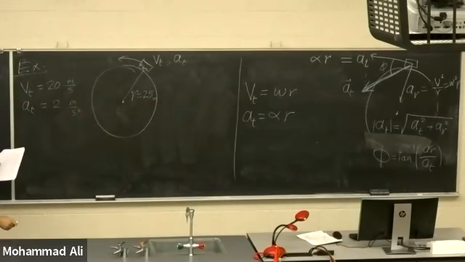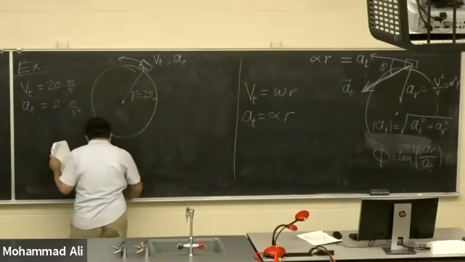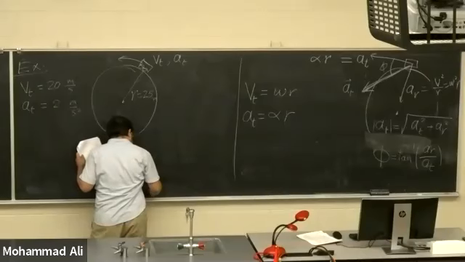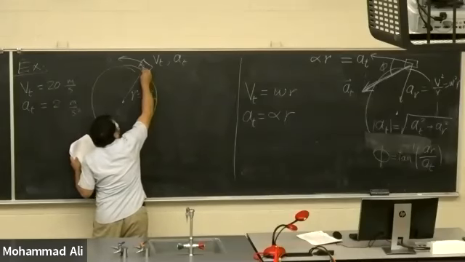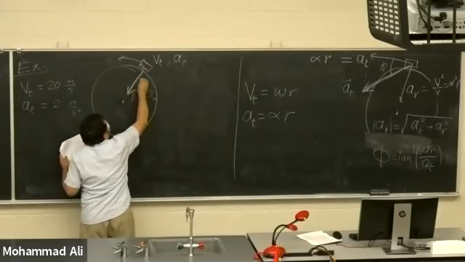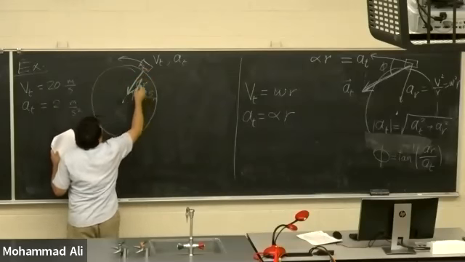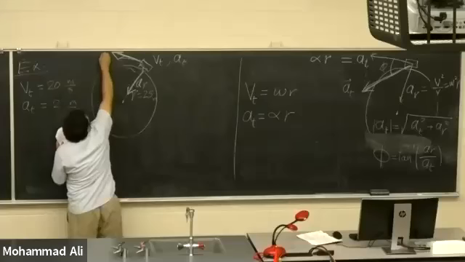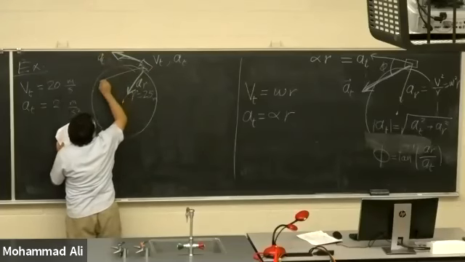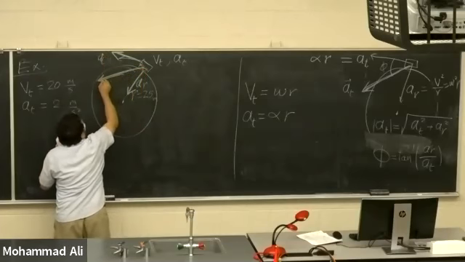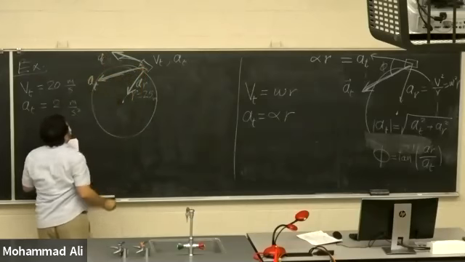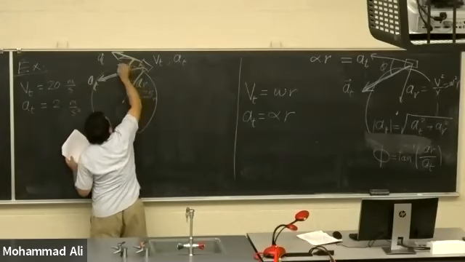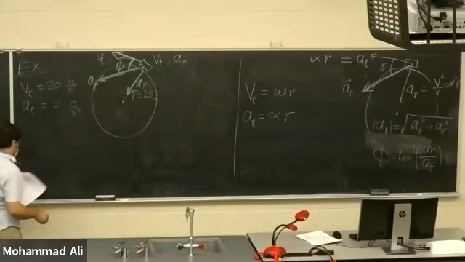Also, as we know, we have acceleration toward the center, which is AR, and acceleration tangentially, which is AT. We need to find the A total, and also the angle phi of that acceleration.